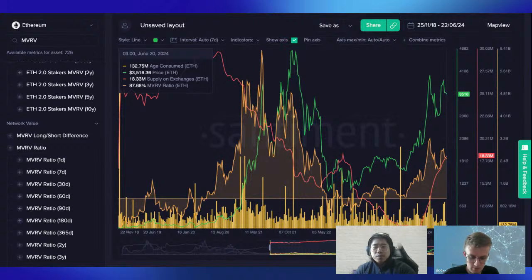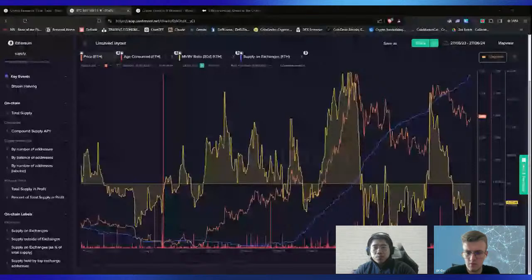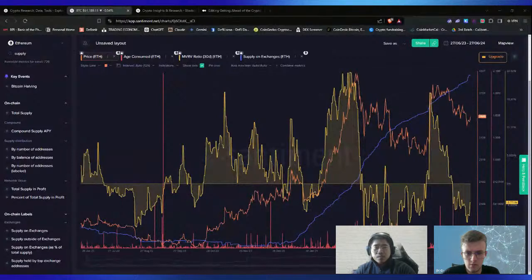if we look at ultrasound money, which is not part of Santiment now, it shows the current supply of Ethereum actually increased by 46,258 ETH, and this is caused by the low activity on ETH.